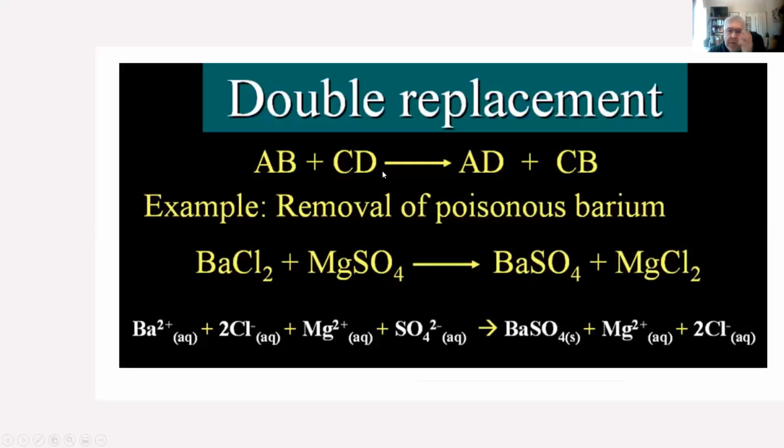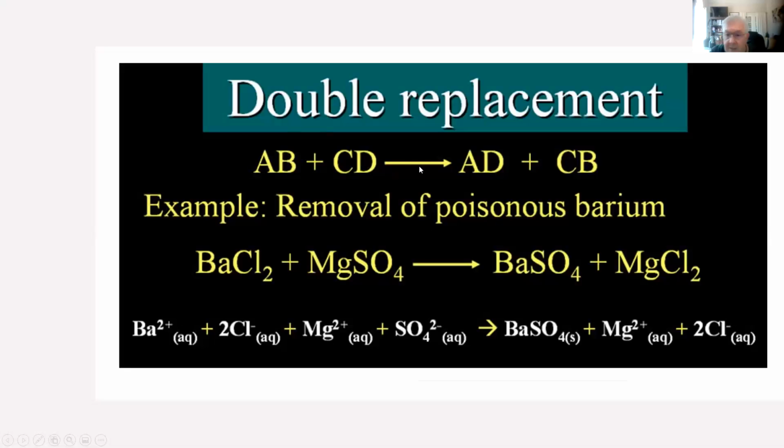In a double replacement, well, the cation takes the place of the other cation, and this cation goes to the place of the first cation. Then you get two new compounds.